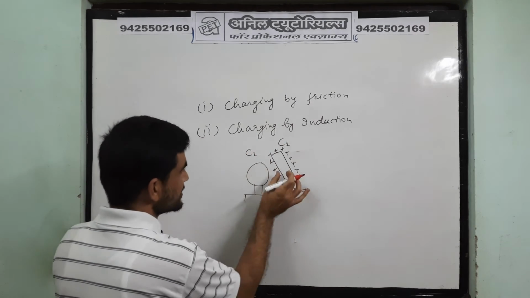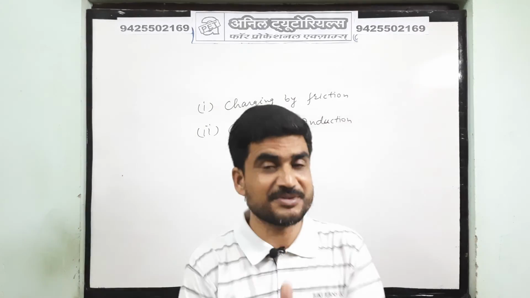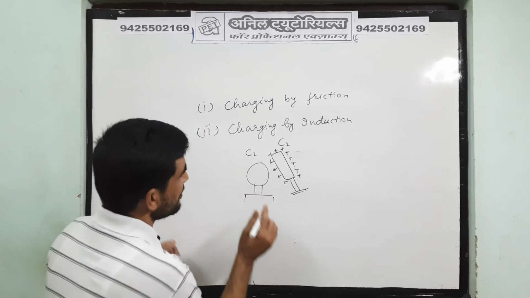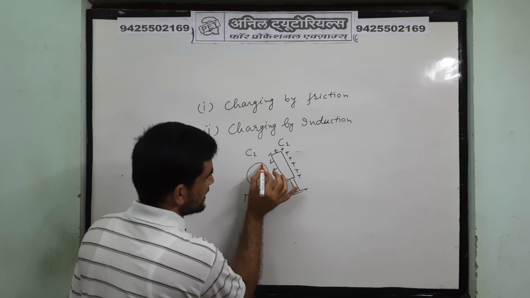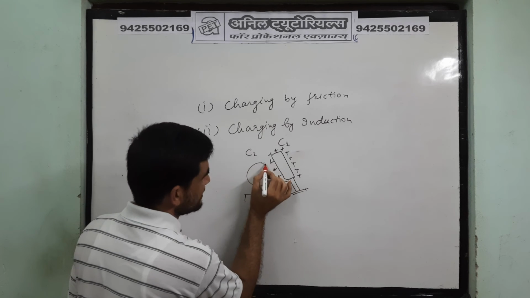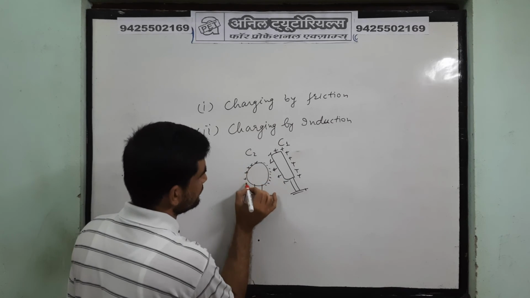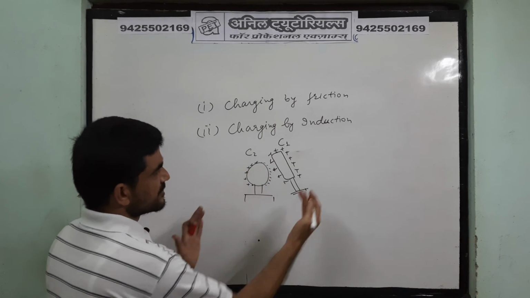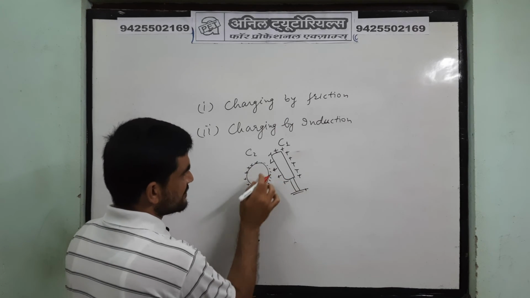This is also a conductor, this is also a conductor. When any charged conductor is brought near another conductor, the electrons in the conductor will move toward the positive side, this side, and the other side becomes positive. So when you bring conductor C1 near conductor C2, this will happen.